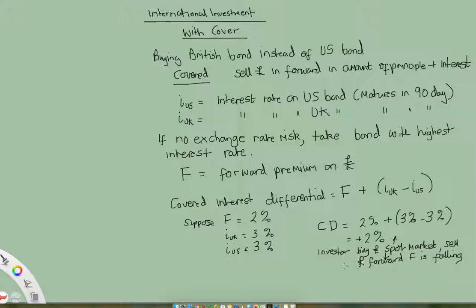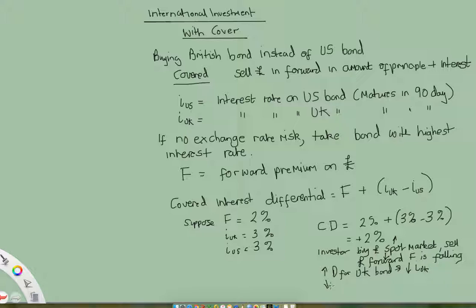And also, of course, if everyone buys British bonds, there's a rise in the demand for the UK bond. So you've got an increased supply of money buying the bond, and that's going to cause downward pressure on the interest rate in the UK.